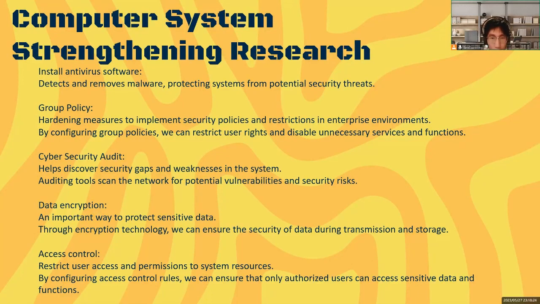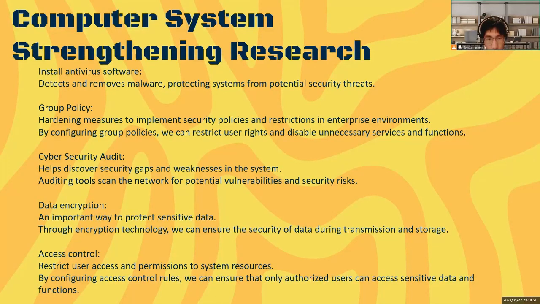Additionally, I will introduce 3 other hardening techniques that are also critical to system security. They include network security, auditing, data encryption, and also access control. Through this study, I hope to convey the importance of computer system enhancement technology and key measures of the implementations.